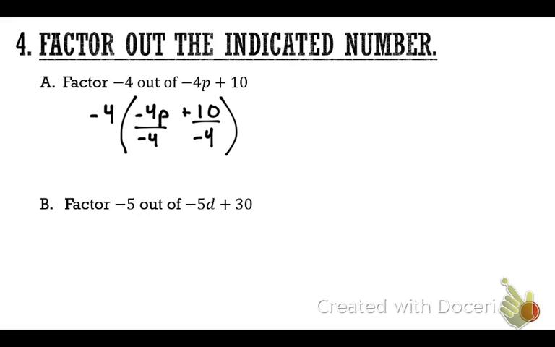All right, so let's drop down the -4. Class, what is -4p divided by -4? It's 1p, because remember, this cancels out and just gets a 1. All right, so the next thing we're going to do, we are bringing down our plus sign. And if I am taking 10 divided by -4, is that answer going to be positive or negative?